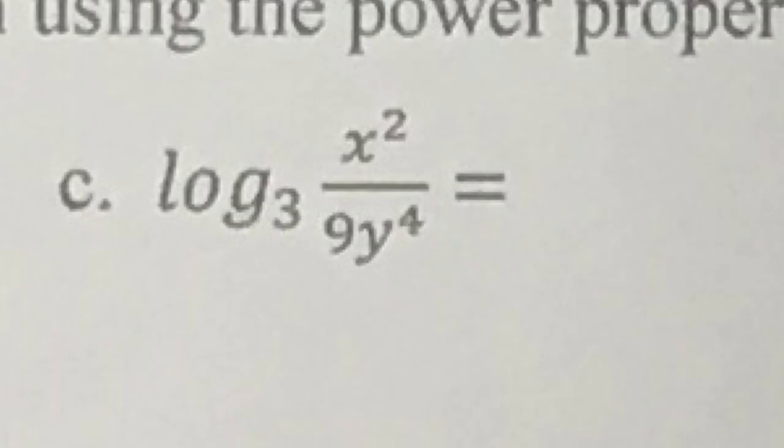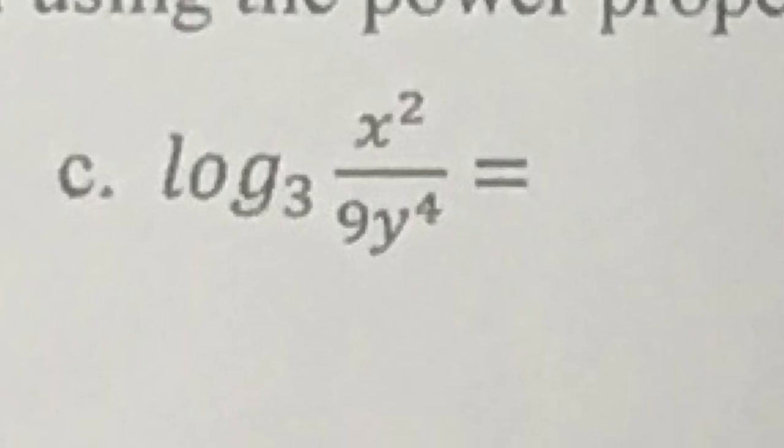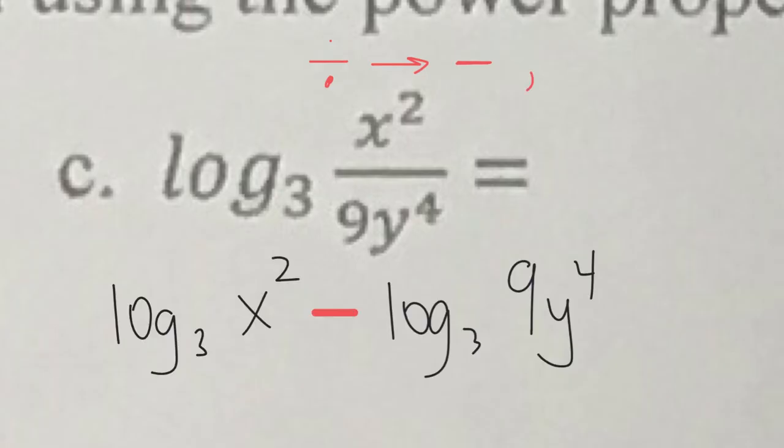So part C here, we have the log base 3 of x squared divided by 9y to the 4th. Okay, so the first thing we're going to do is we're going to take our division, change division into subtraction. Okay. So now let's change our multiplication into an addition problem.